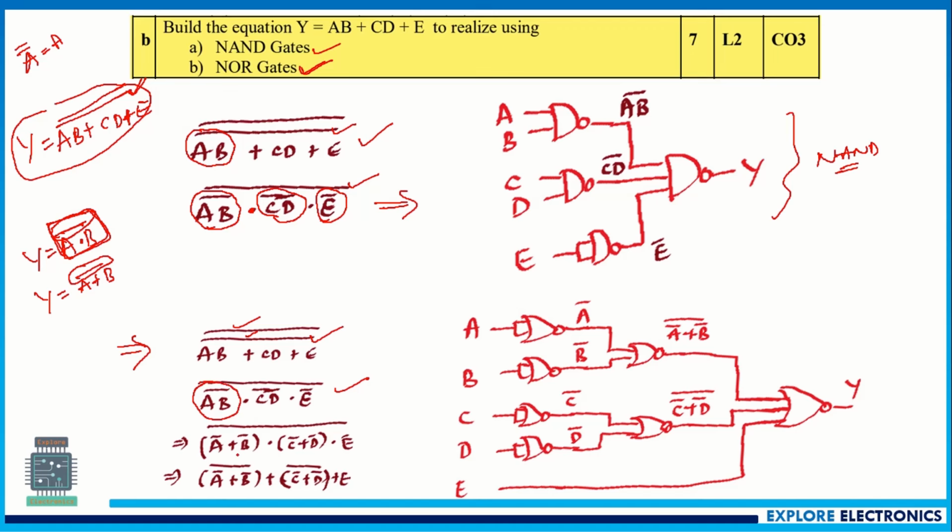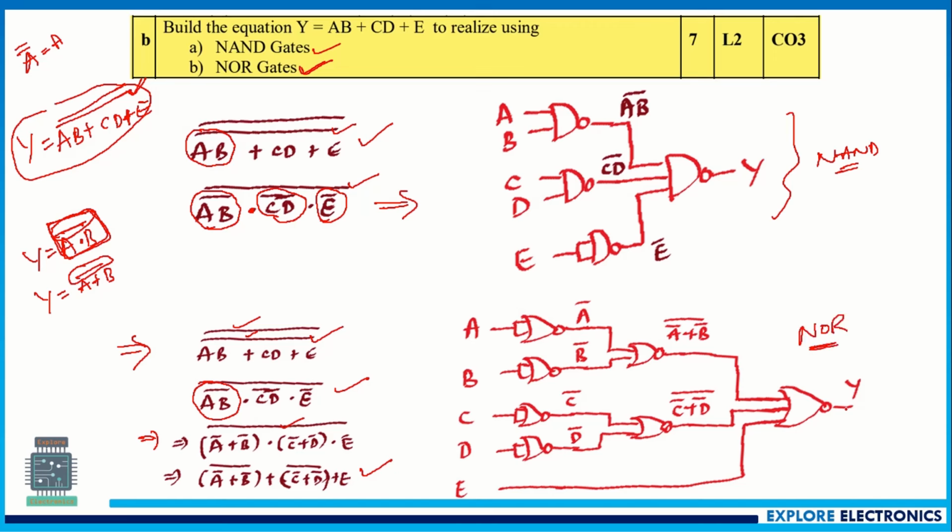It becomes A bar plus B bar, into C bar plus D bar, into E bar. So here, this is in terms of NOR gate implementation, but we will not have a complete bar. So again I am simplifying this. So we will be getting (A bar plus B bar) whole bar plus (C bar plus D bar) whole bar plus E. Here the double bar gets cancelled. Now this can be implemented using NOR gates.